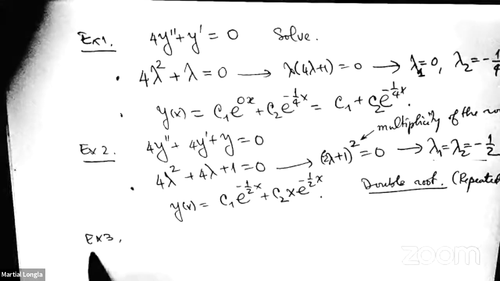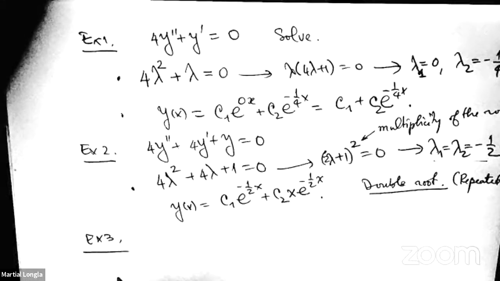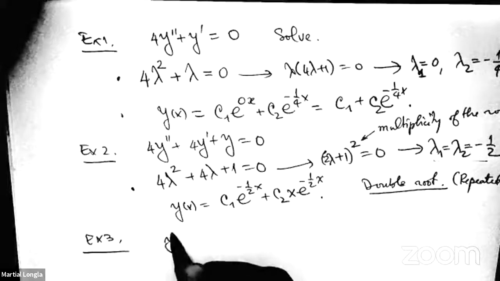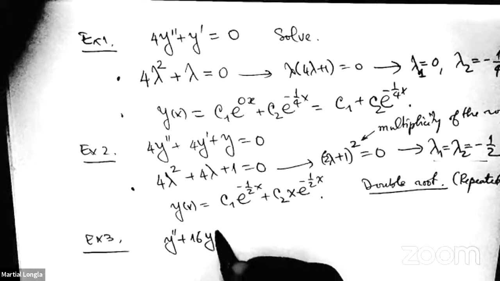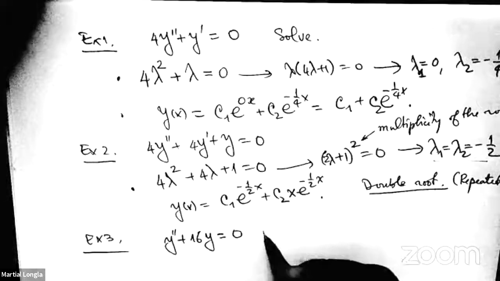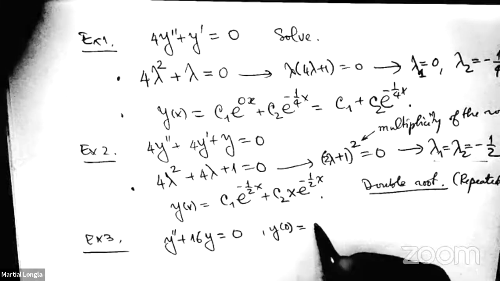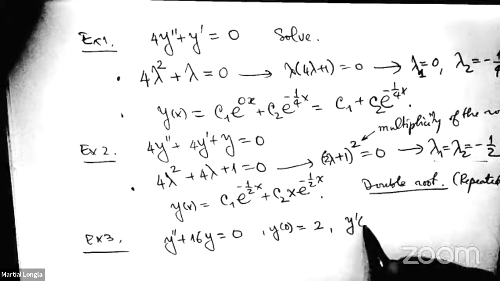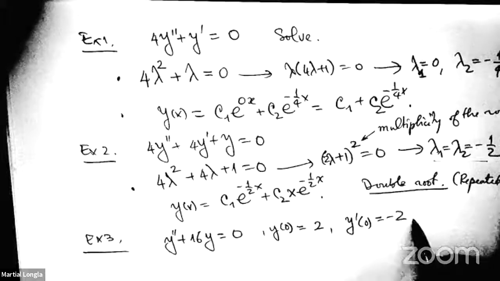Example 3. Okay, we have y double prime plus 16y equals 0. y of 0 equals 2. y prime of 0 equals negative 2.